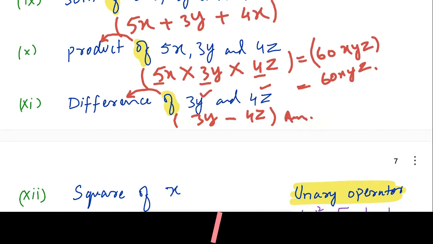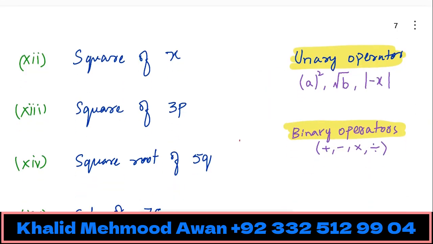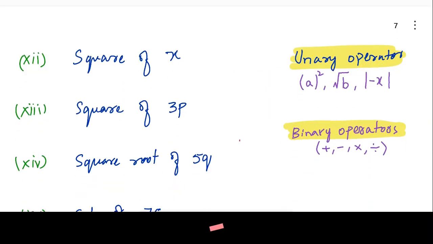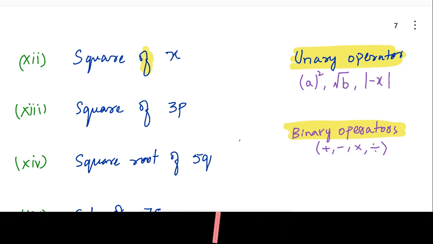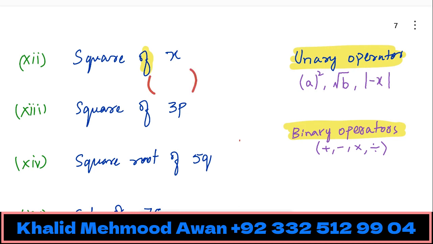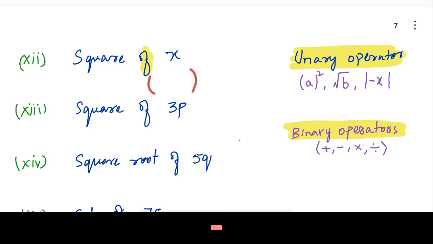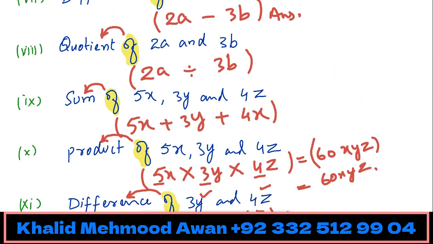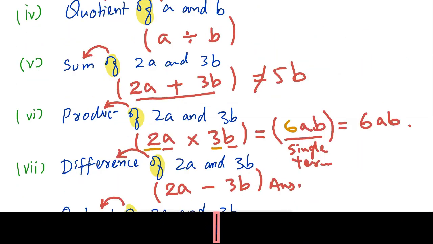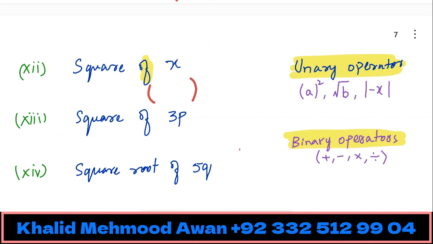They cannot be subtracted. Now, there is square of x. So you can see that the word "of" means bracket, and inside the bracket there is only one number. As we have been doing, we needed two or three numbers for calculation, but here it is one number.